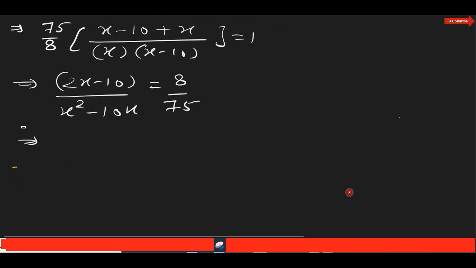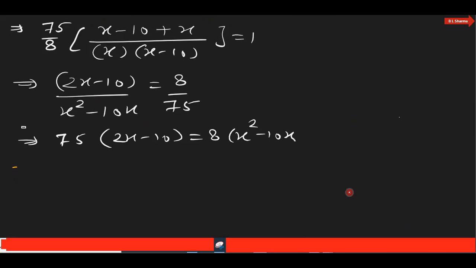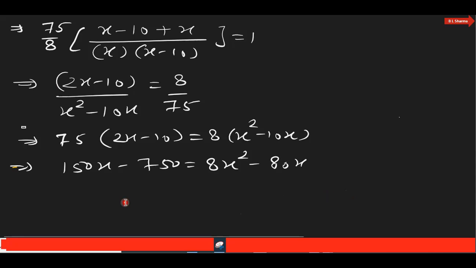Further simplification. Now it is up to you. You can simplify it.